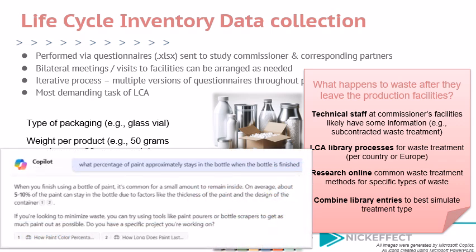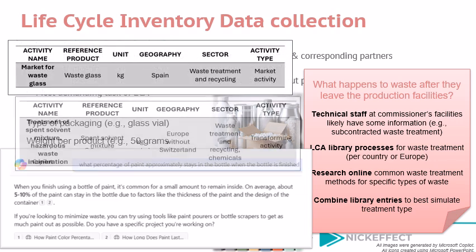So in this example, we are talking about the glass vial where the silver paste is stored. And it makes sense that some of the paste will actually be stuck on the glass when the bottle is empty, that cannot be reused anymore. So I was curious what percentage of paste might actually remain in the glass, and how do I model that as an emission to the environment during landfilling or incineration or whatever treatment process they do with the glass.